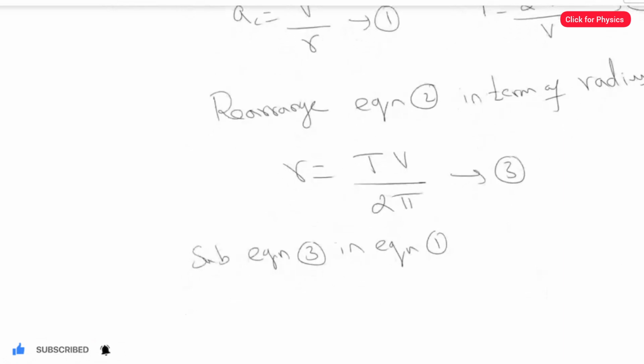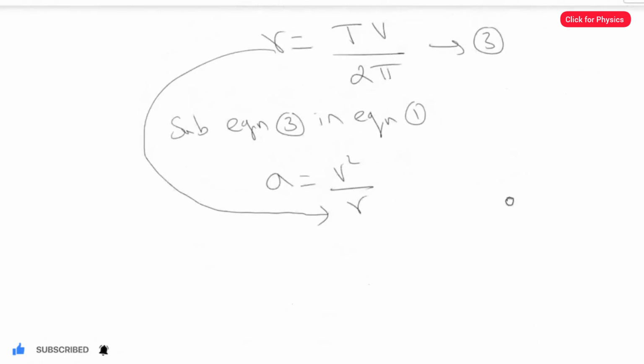Let's write equation 1 first. a equals v square over r, and then I'm going to substitute the value of r here. So a equals v square divided by T v over 2 pi, and this 2 pi will go to the top.